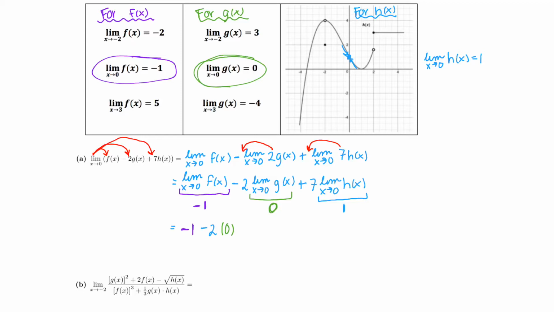We know what the limit is, so we're replacing it, plus 7 times 1. So -1 minus 2 times 0 is 0, 7 times 1 is 7. So -1 minus 0 plus 7 is going to be 6. So the answer to that problem is 6.